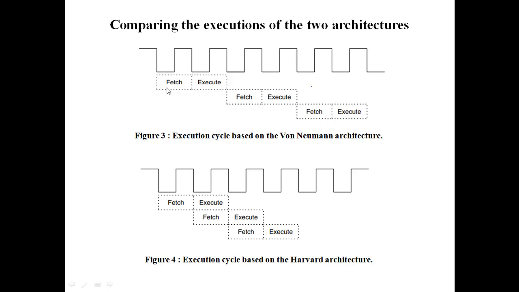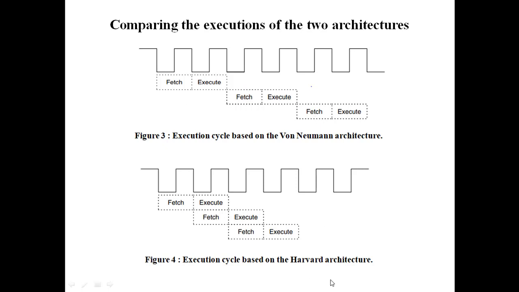During the execution, the processor will not fetch the next instruction. Instead, it will wait until the execution cycle is completed. The processor will fetch the next instruction only after the execution cycle is completed, right? And this will continue until the program ends.